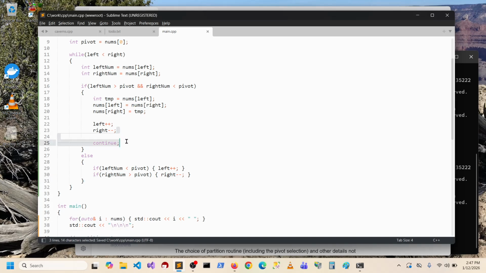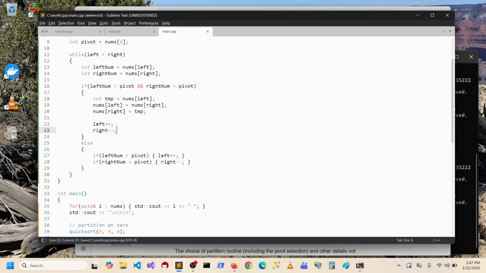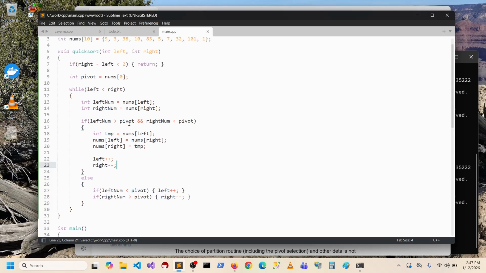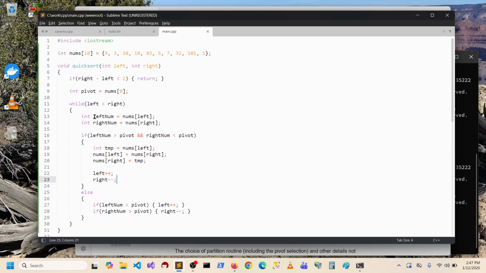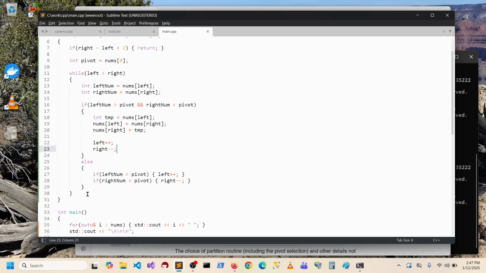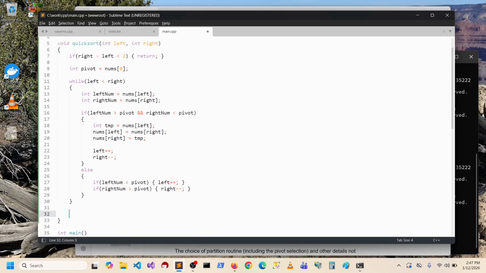Don't need that. Okay, so we do a swap. Increment, blah, blah. So once they meet, they're going to break out of here. And then we need to call again.